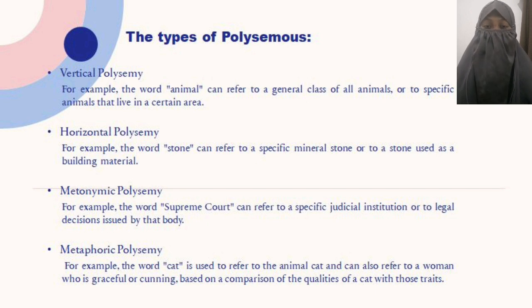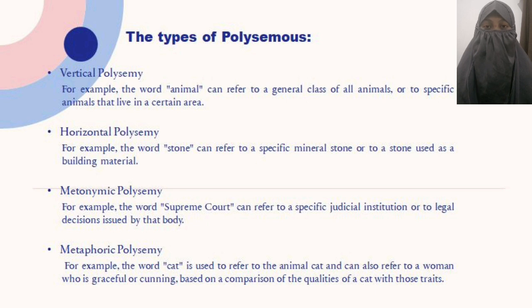1. Vertical polysemy occurs when several meanings of a word form a hierarchy, described on a scale from the more general to the more specific. For example, the word animal can refer to a general class of animals or to specific animals that live in a certain area. 2.